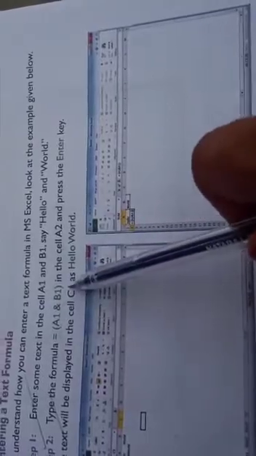Then this formula will concatenate or combine these two values. Then what result will we get? We will get the result hello world over here. So this is the use of the concatenation operator.